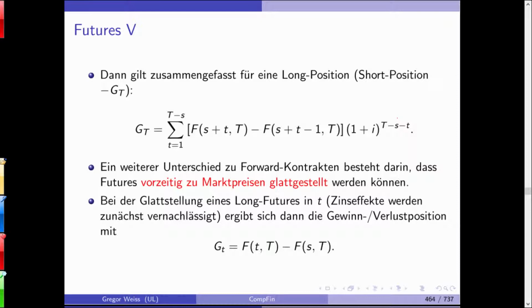And one difference, with a future contract, you can always settle it. You can always close your position because you can always sell the future again at the exchange. And this is why you don't have to wait until maturity, but you can prematurely sell it at a different point in time.